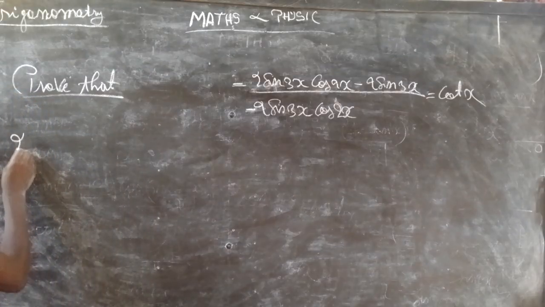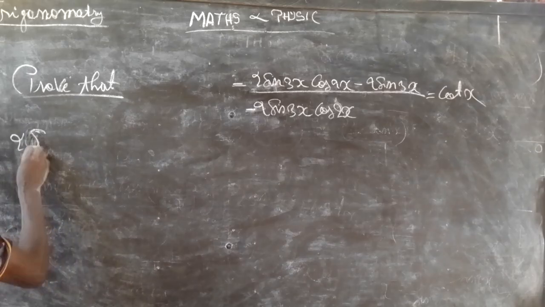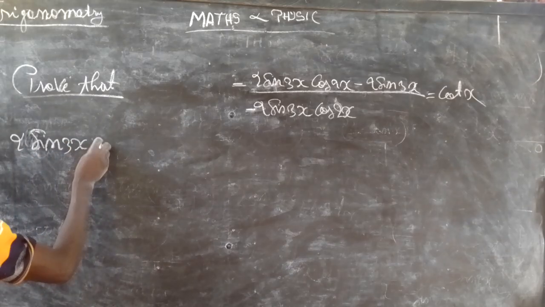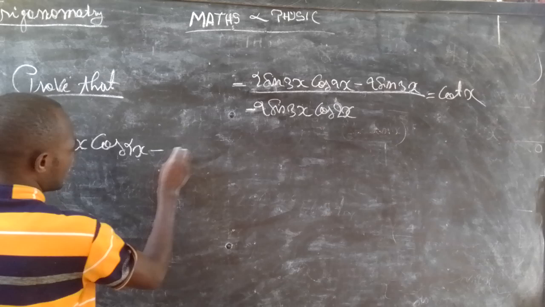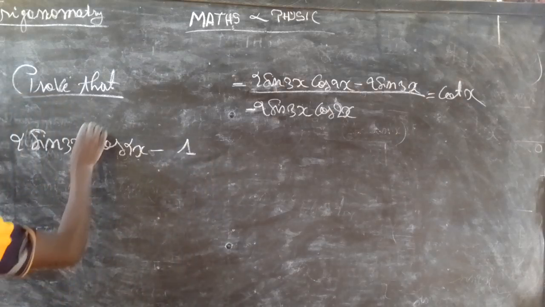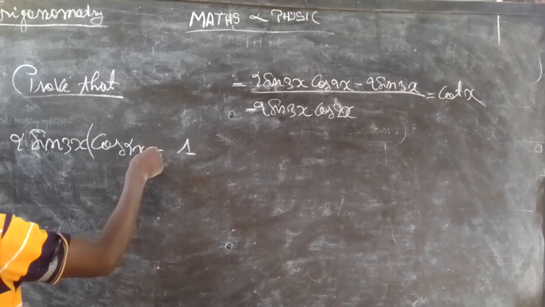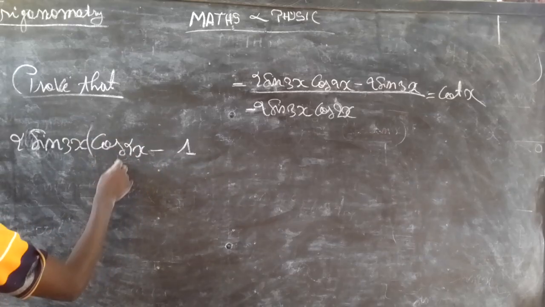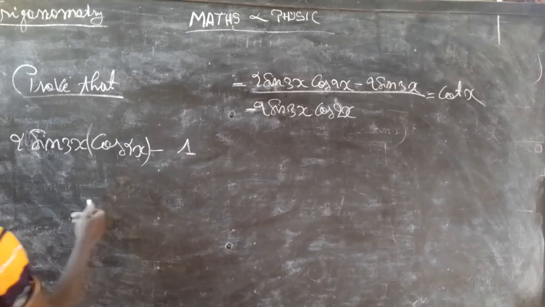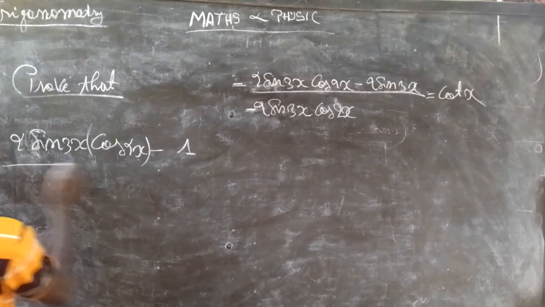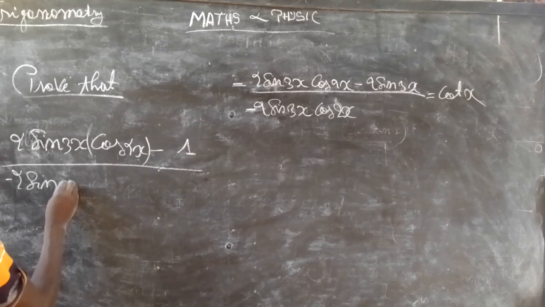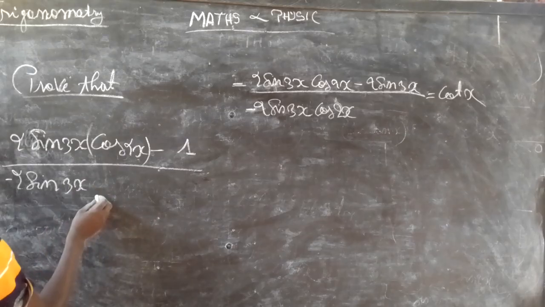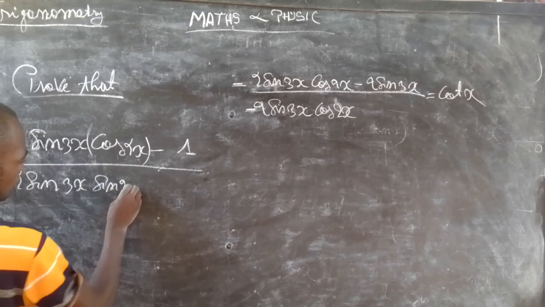So we will have 2 sine 3x times (cosine 2x minus 1), over negative 2 sine 3x sine 2x.